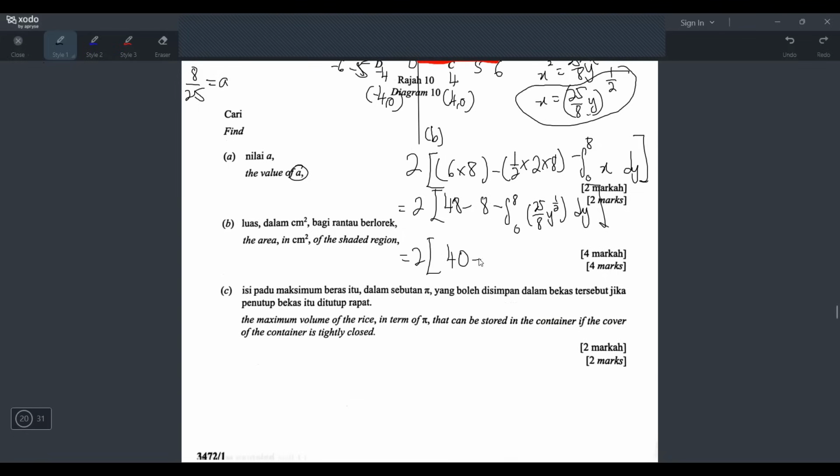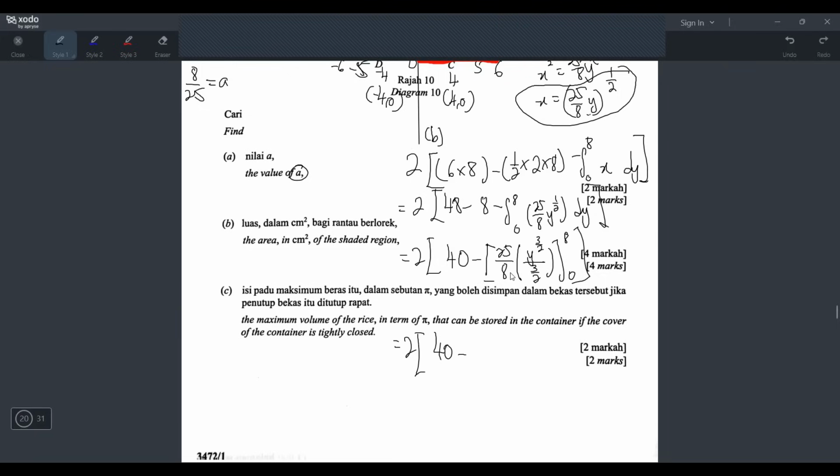But you have to integrate this, right? Okay, let's integrate. How to integrate? When you integrate this, the power has to plus 1. So it becomes 25 over 8, open a bracket, the y power has to plus 1. 1 over 2 plus 1 is 3 over 2. And you have to divide by the power 3 over 2. And then close bracket, from 0 to 8. Okay, and then close another bracket. Now it becomes 2 times 40 minus.